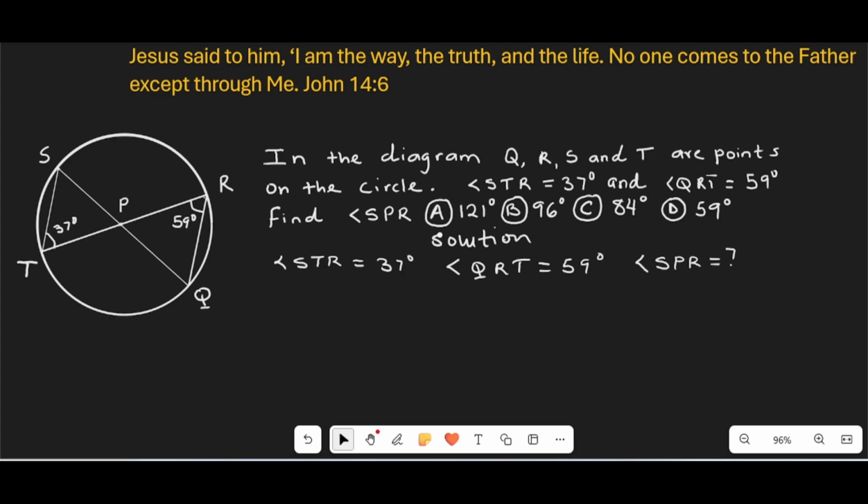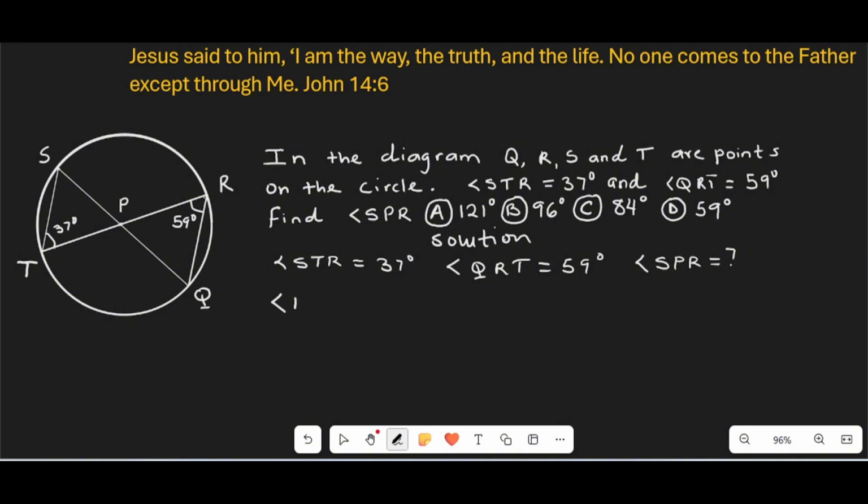Now, according to the angles in the same segment theorem, we state that angles subtended by the same arc or chord at the circumference of a circle are equal. So the theorem says angle TSQ and QRT are equal to each other.